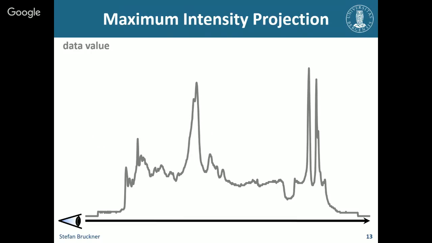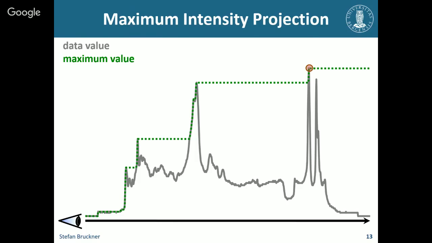If we do MIP, we are always taking the maximum along the ray and showing it at a pixel, so the maximum will behave like this. This is the only value that we actually display in the end.